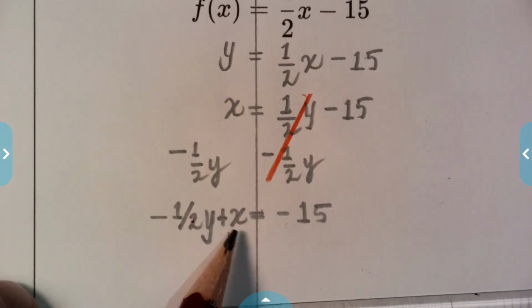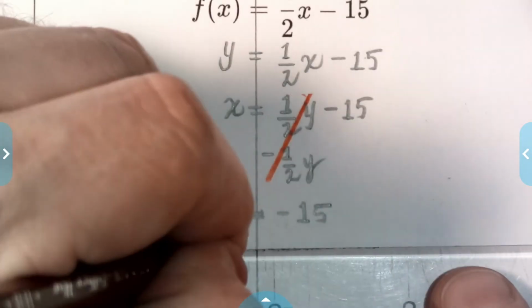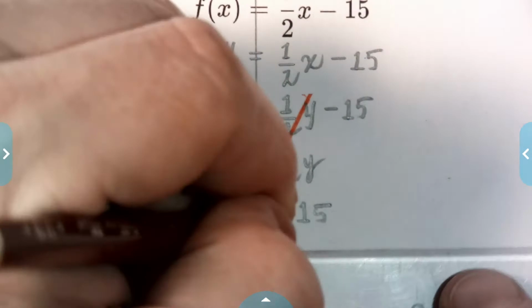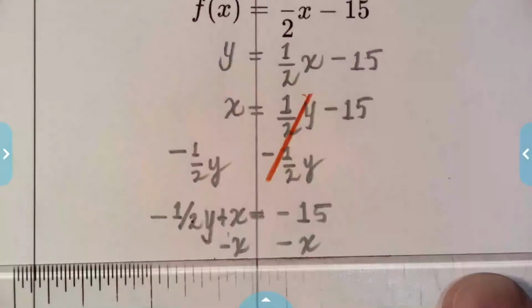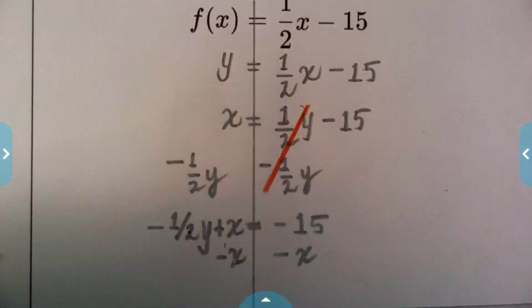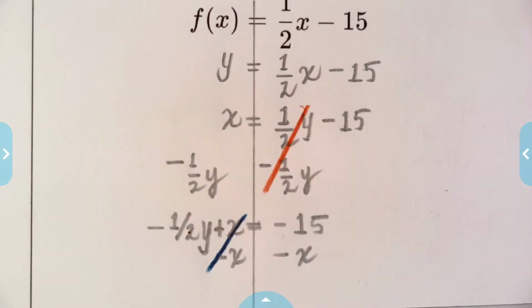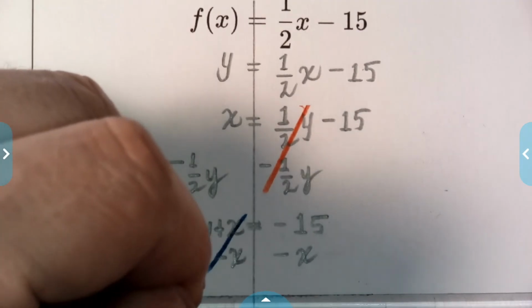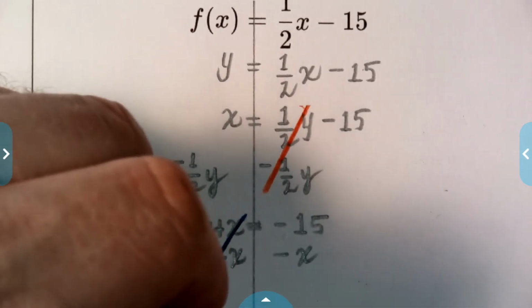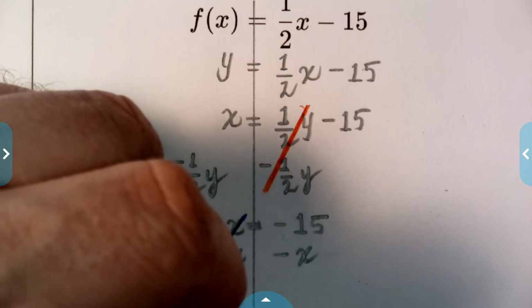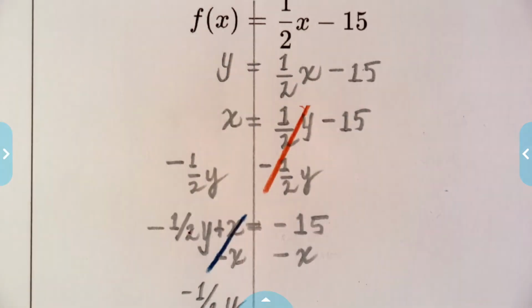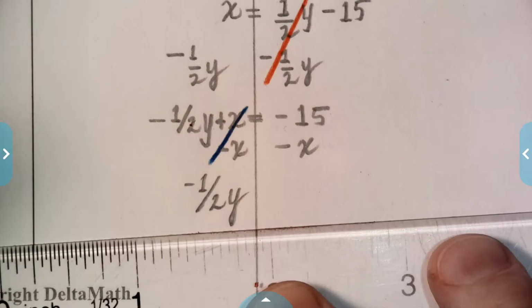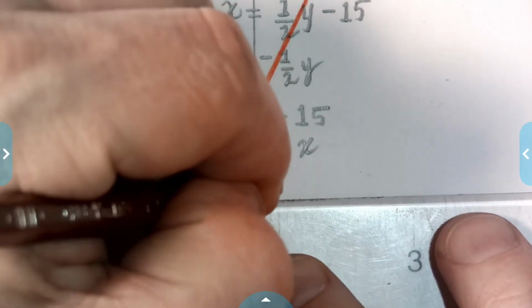Now you're going to get rid of this x by subtracting x from both sides. Minus x, and this cancels. So we just have negative 1/2 y on the left side equals negative x minus 15.